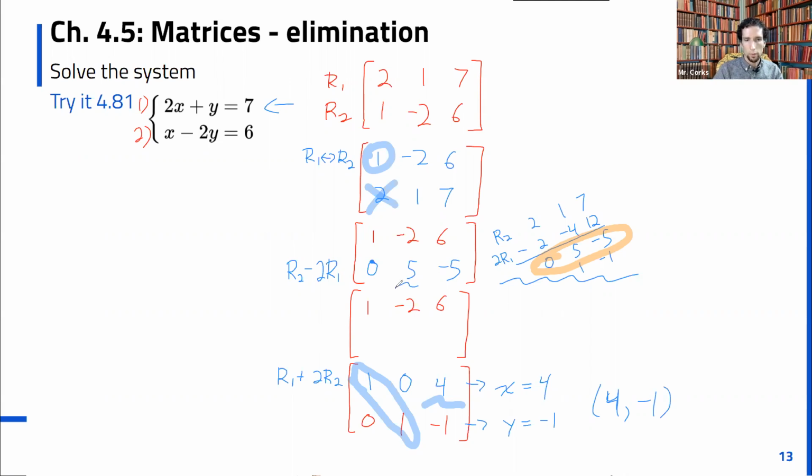So we don't want 5 and 5, we want 1. We want this position here to be a 1. So we'll just divide the whole thing by 5. So 1 over 5 times row 2. And then that gives us 0, 1, and -1. So that's all we did.